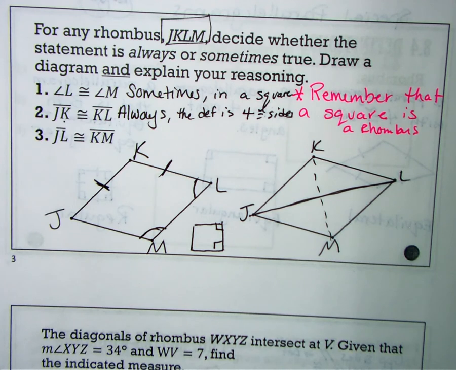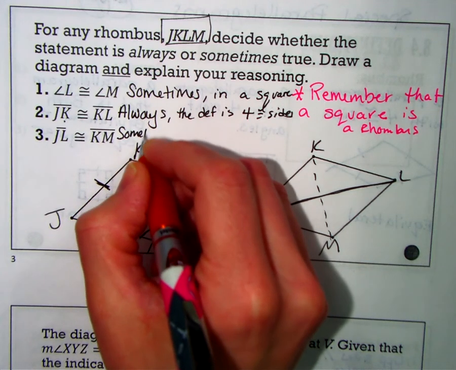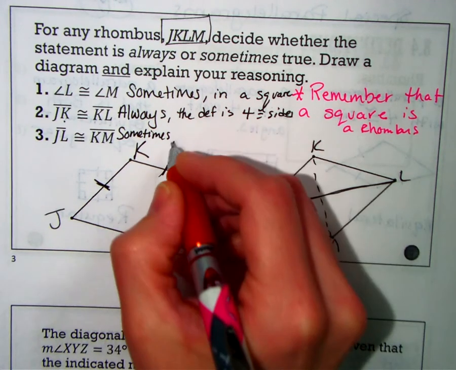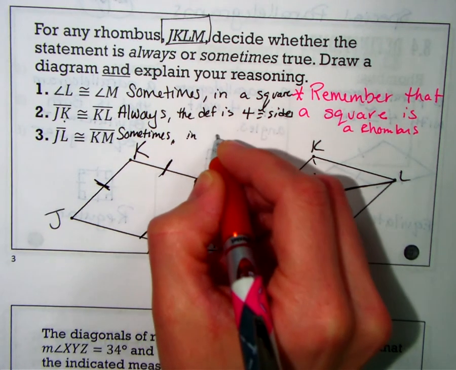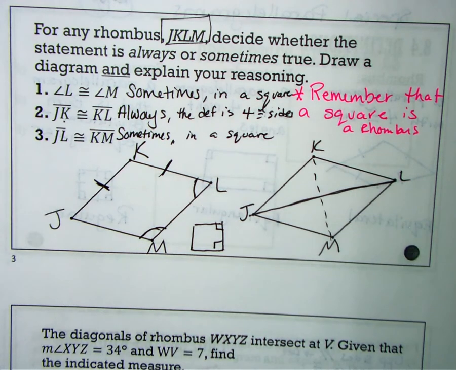No. That's a sometimes. And you'll see why in just a second. So that's going to be in a square. So in a square, you're going to see the diagonals equal to each other. And I'll show you that in just a second. Okay? Okay, that is your rhombus properties and your rhombus information.